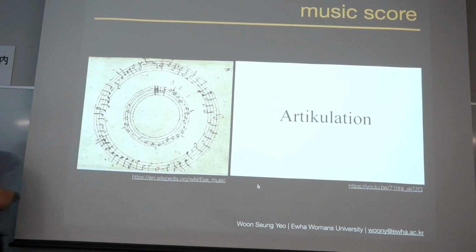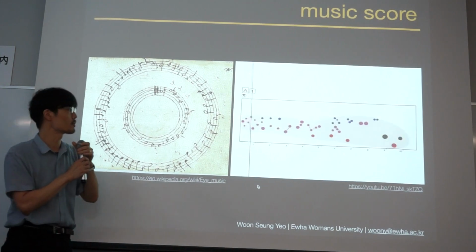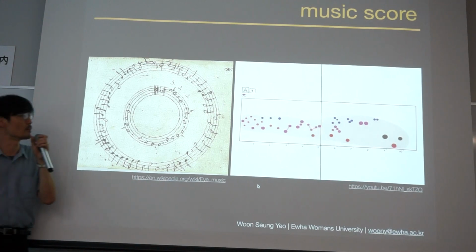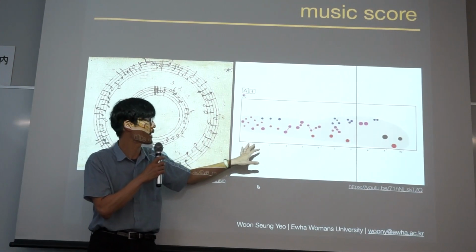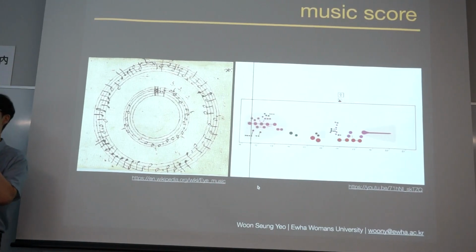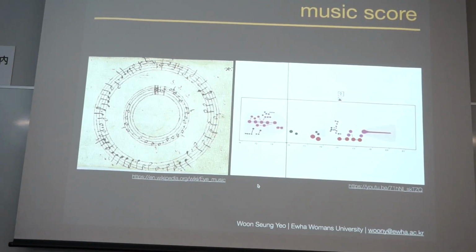Right? And another big aspect of musical score is the visual score. So this is an example of music by Ligeti, and as you can see, the content of the music is visualized like this.